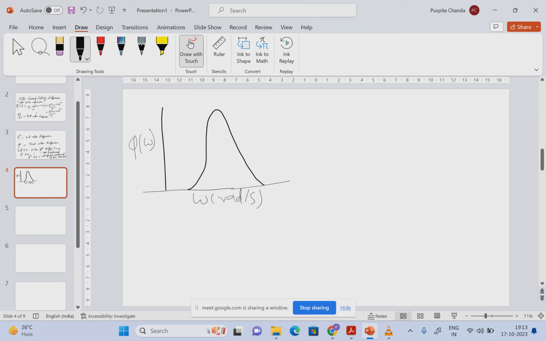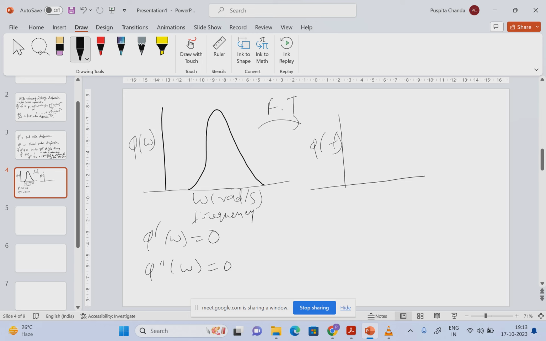So when phi dash of omega is equal to 0 and phi double dash of omega is equal to 0, we take the transform and go from the frequency domain to the time domain. The pulse is centered around 0.